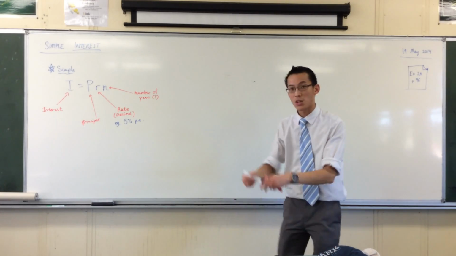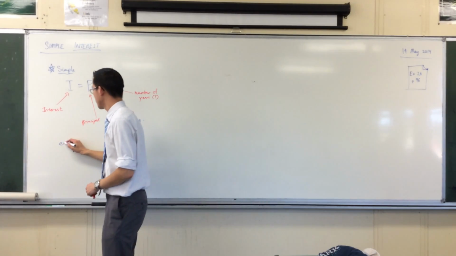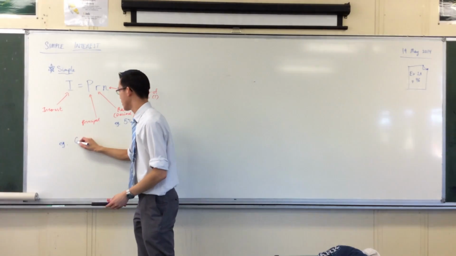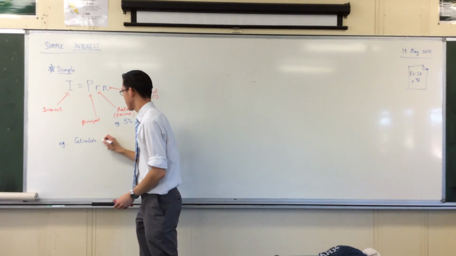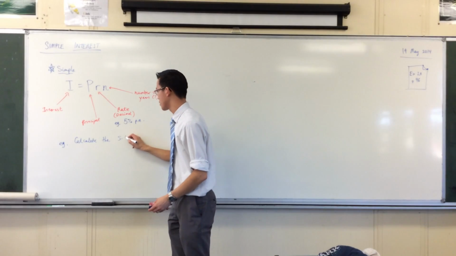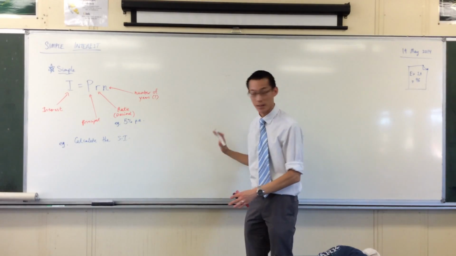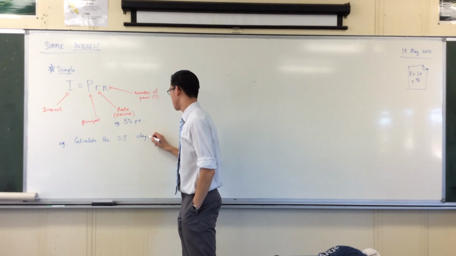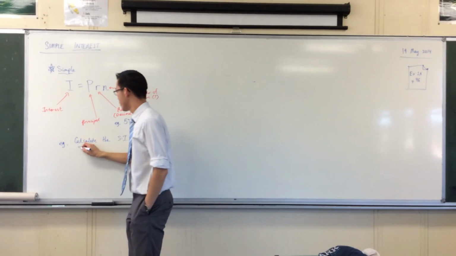Okay, so let's do an example. Let's calculate the simple interest. I'm just going to abbreviate because I'm trying to write it quickly for you. Calculate the simple interest charged on $5,000.